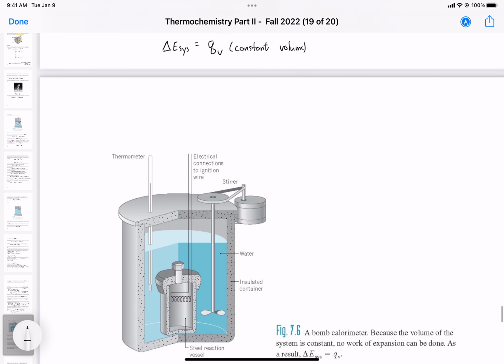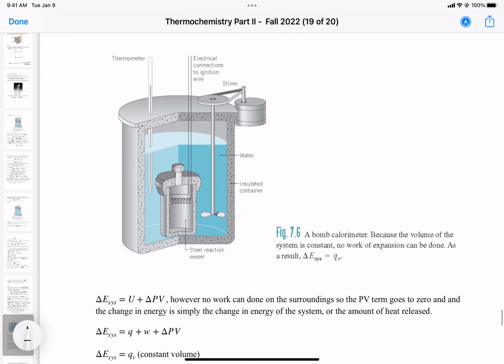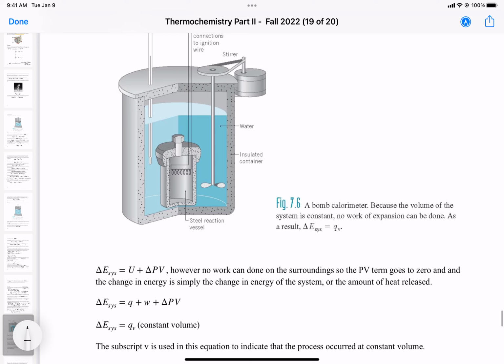Now, I kind of explained it here. See here, delta E of the system is internal energy plus the work, which is pressure times changes in volume. So when we describe work, usually we can relate it in terms of changes of pressure and volume. That's what we have been talking about. So that's why I wrote this equation.